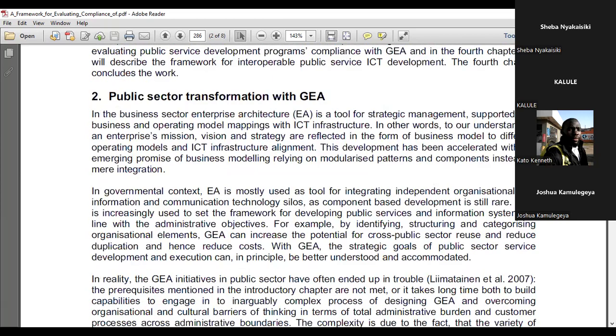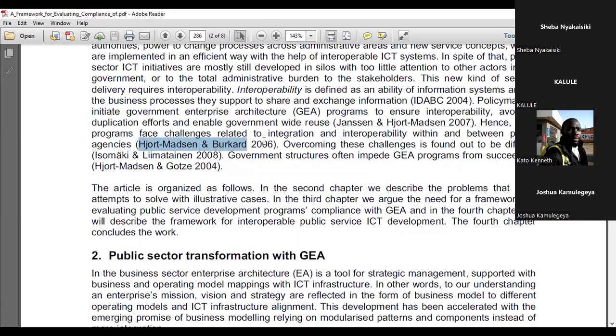But the main issue is interoperability between sectors. And they even point out research where they found that problem. So where it was published, where the research was actually done, and they pointed out that particular research problem.